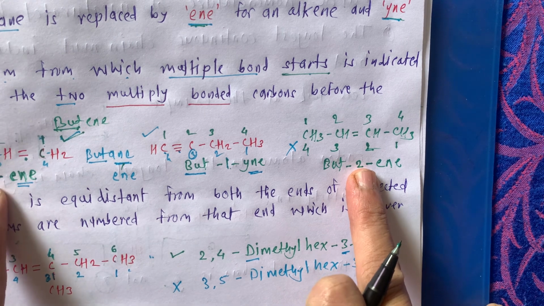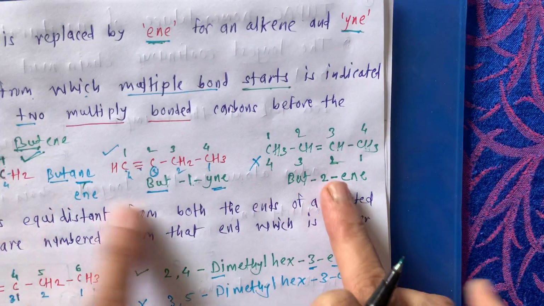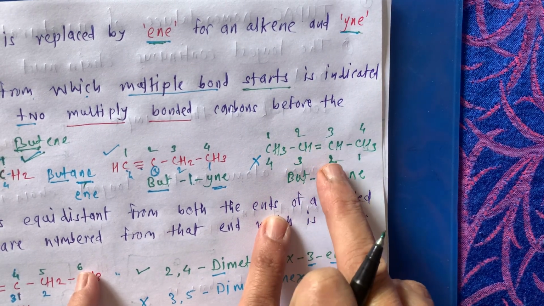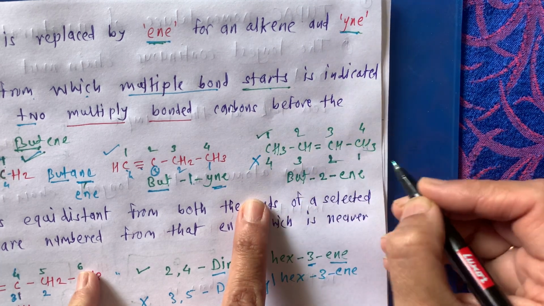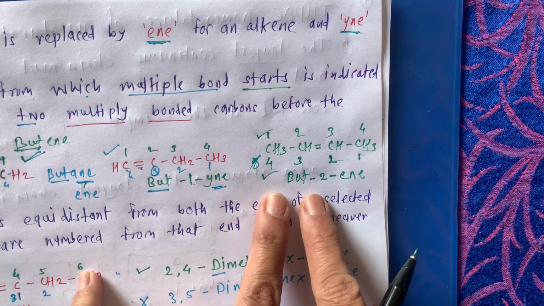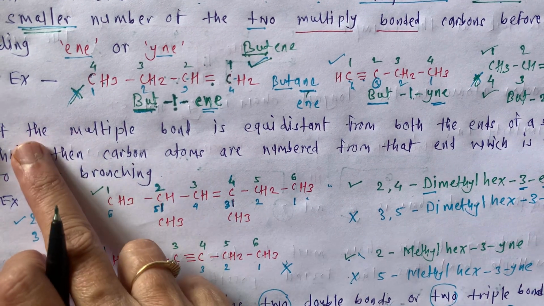This is but-1-ene because the double bond is on the first carbon. This is but-2-ene because the double bond is on the second carbon. Numbering is possible both ways. This is but-2-ene.